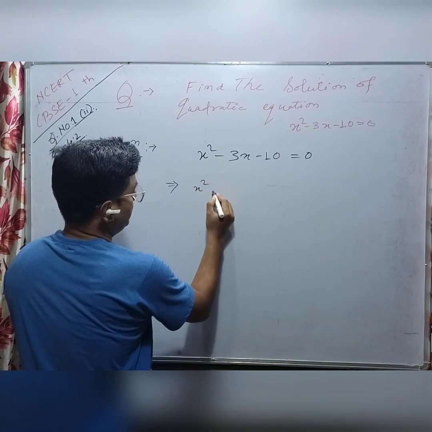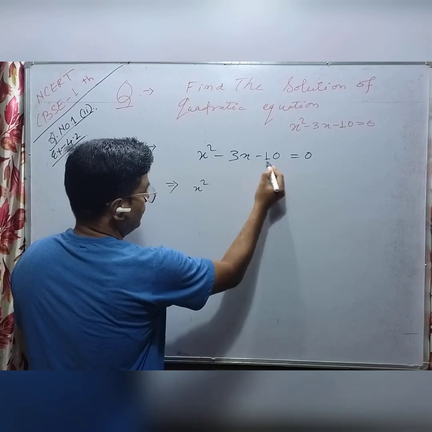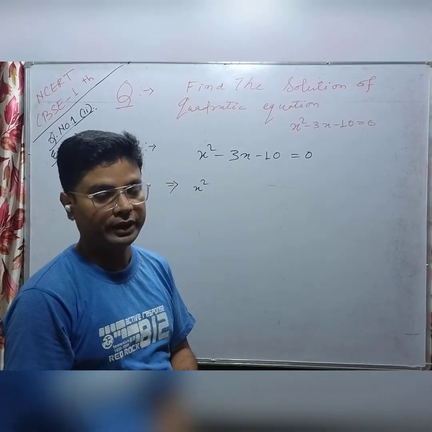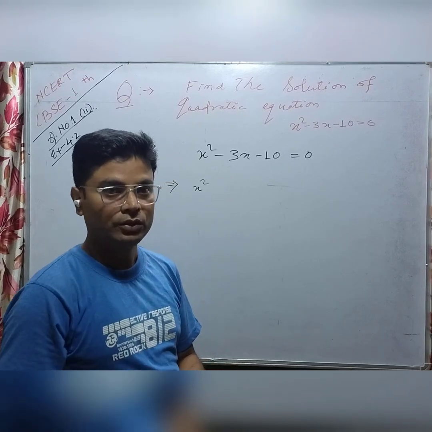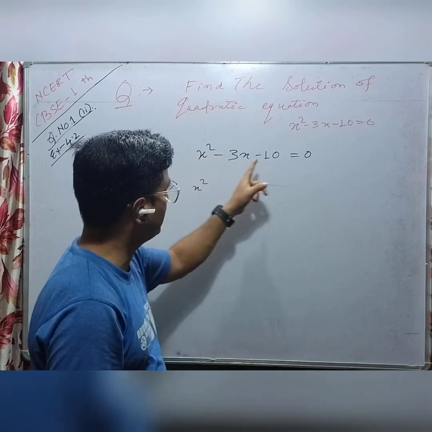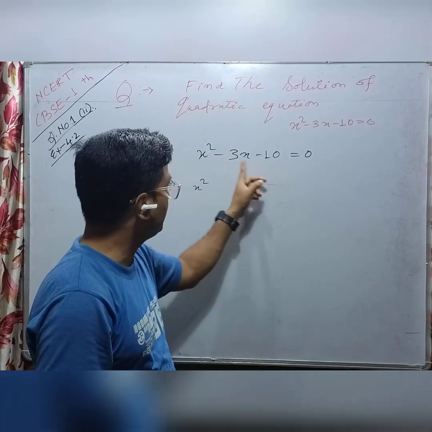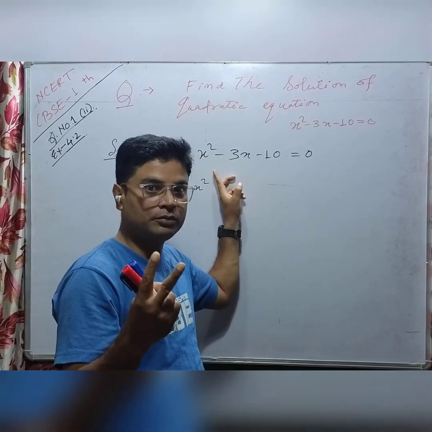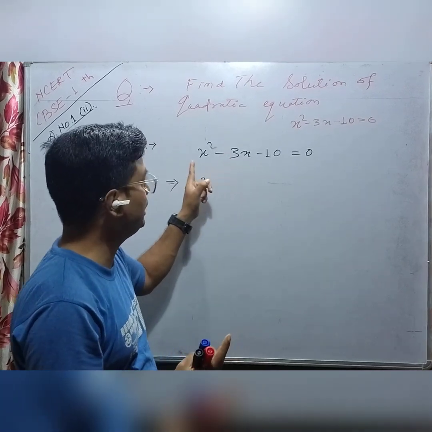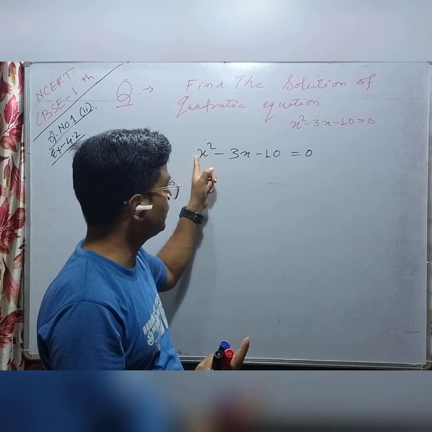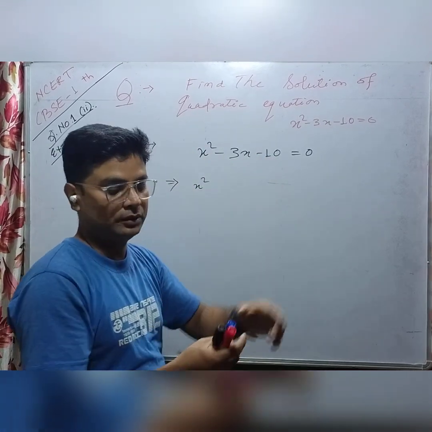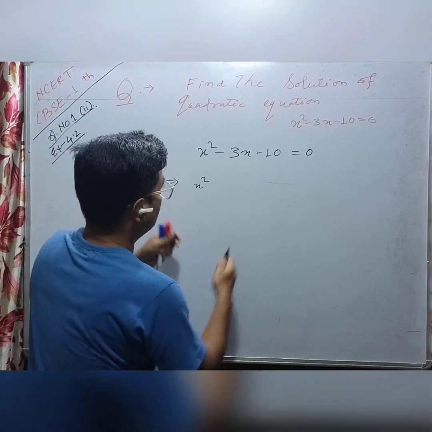Here x square minus 3x minus 10. Students, I hope you know the factorization. What is factorization? You have to multiply the first term and the last term, and the middle term will be split into two numbers whose multiplication will equal the multiplication of the first and last numbers, and whose addition will remain the same.